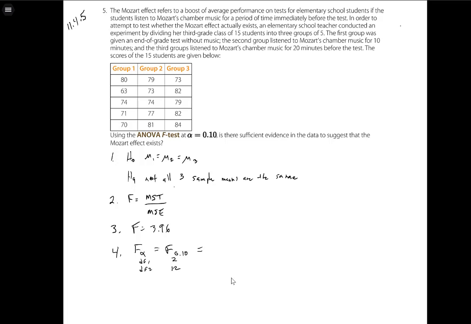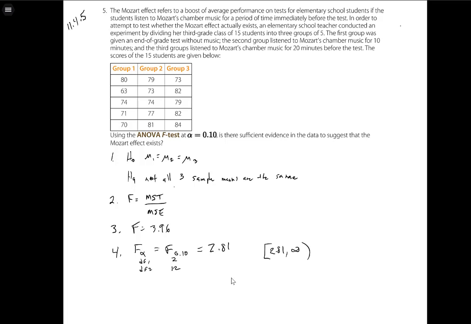I look in that table and I find 2.81. We mentioned this is a right tail test, so 2.81 to infinity is my rejection region. And I can see that, yes, I do fall in the rejection region.